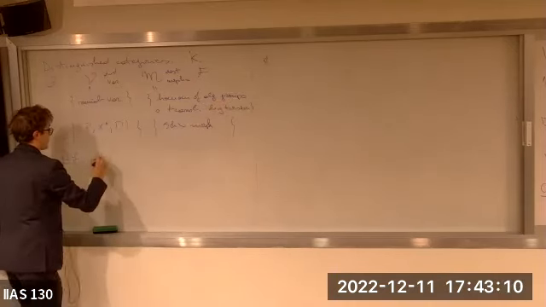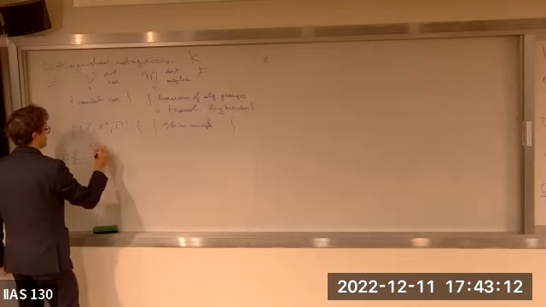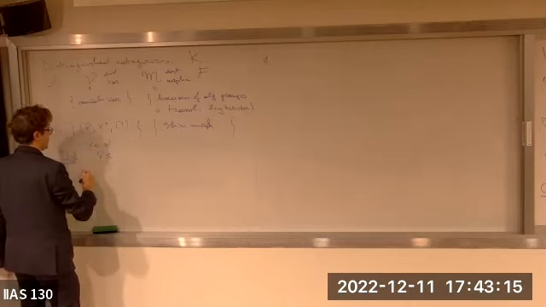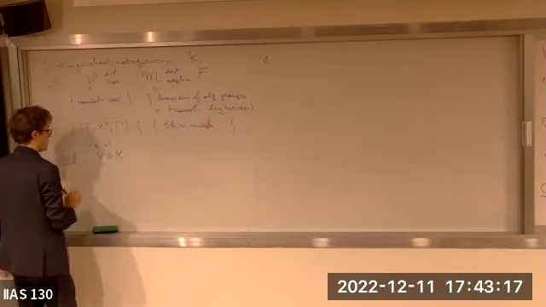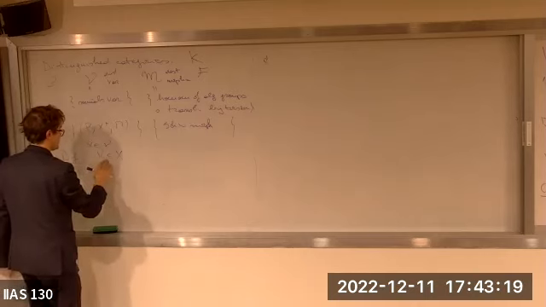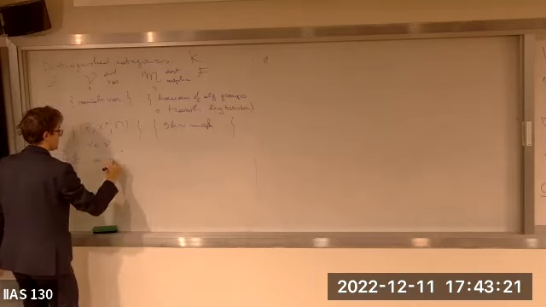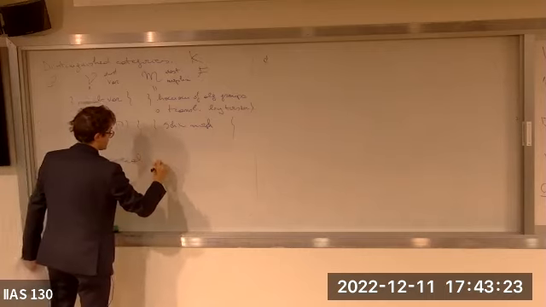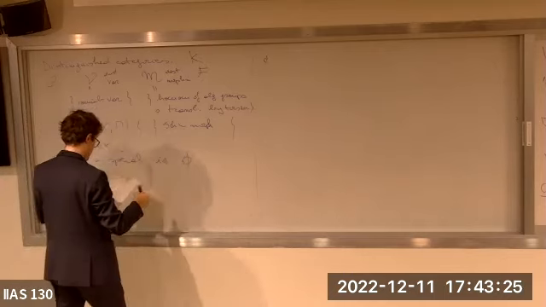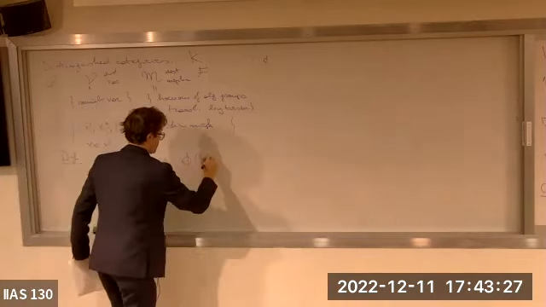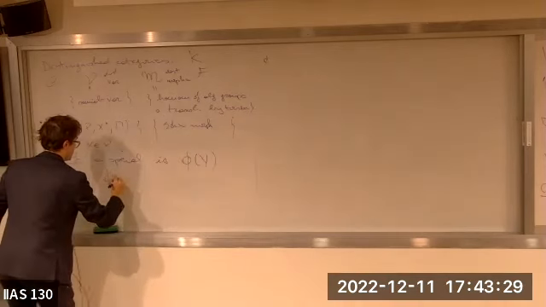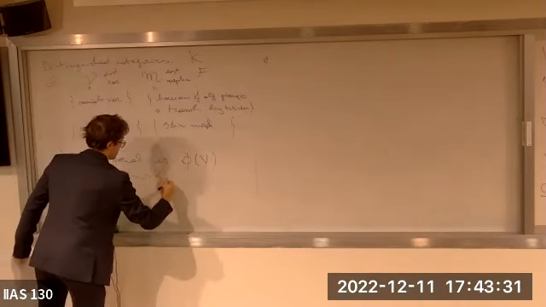So if X is an object, then a special subvariety is phi of Y, where Y is distinguished.